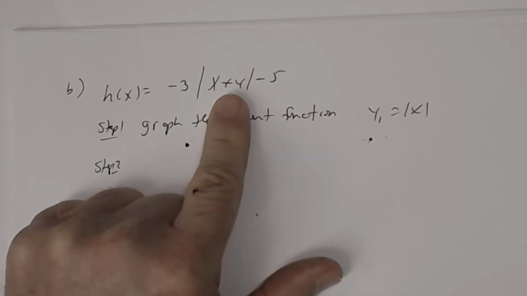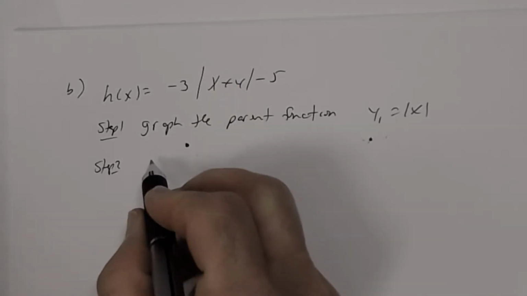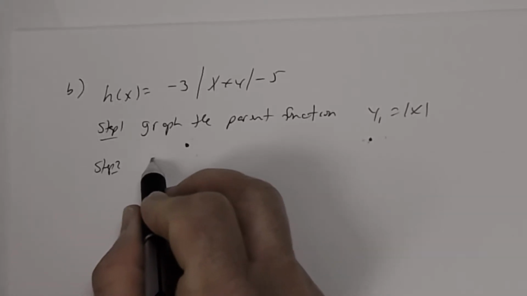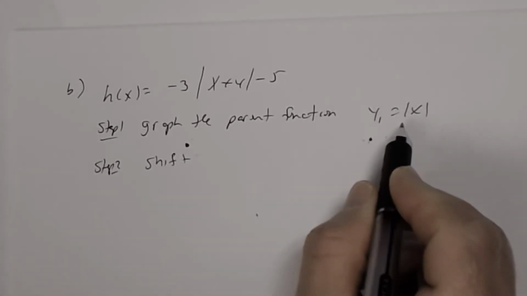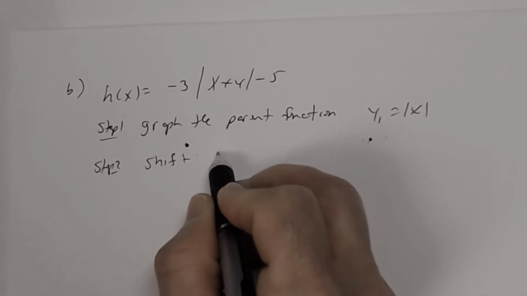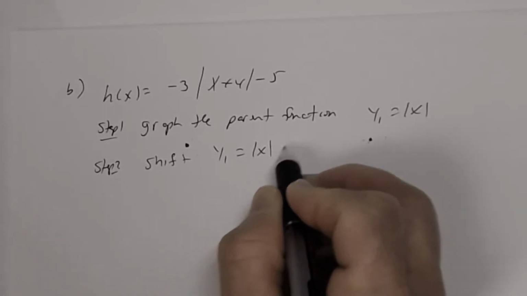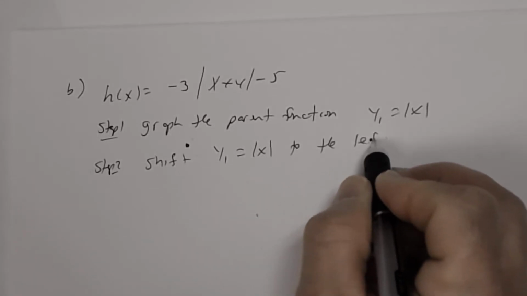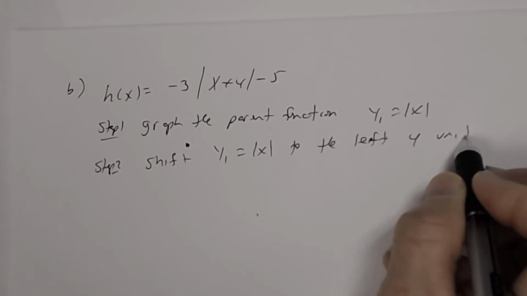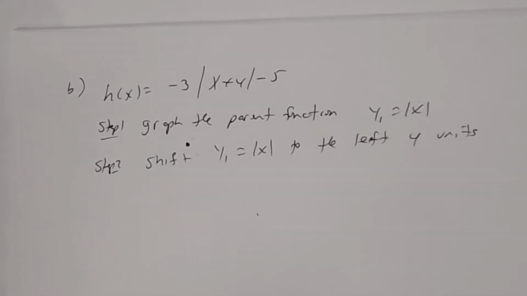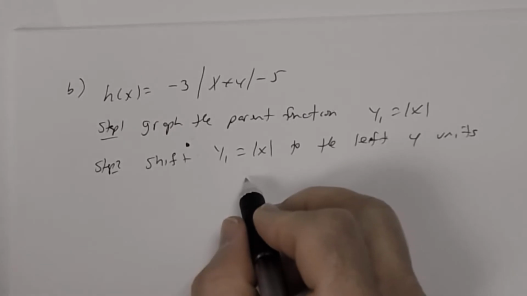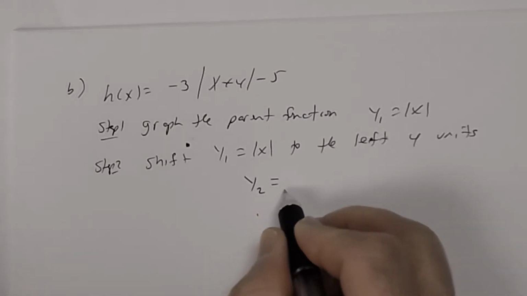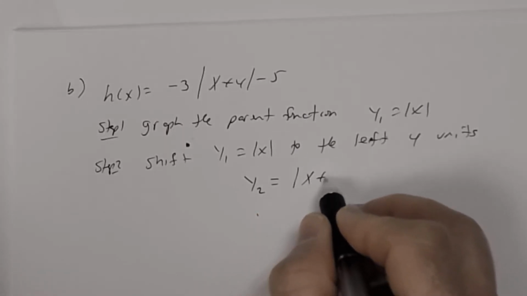Okay, counterintuitive. So step 2, you're going to say I'm going to shift this graph, my parent function, to the left 4 units. And when I do that, I'm going to be graphing y2 equals absolute value of x plus 4.